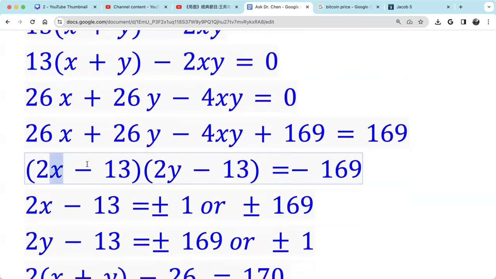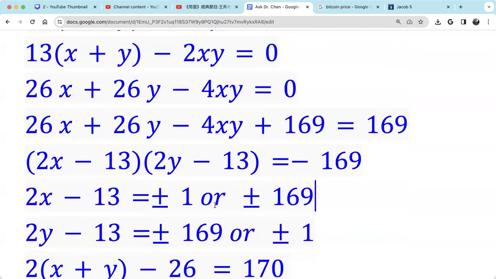So now we're in a factored form. So this is a factor, this is a factor. And on the right-hand side, we have negative 169. So the solutions could be, well, we don't want those two to be the same, right? Because 169 has one factorization as 13 times 13.